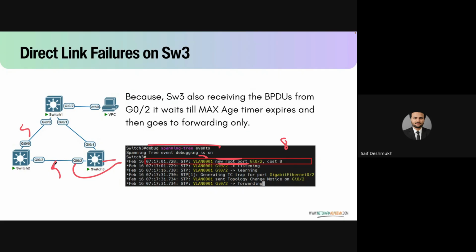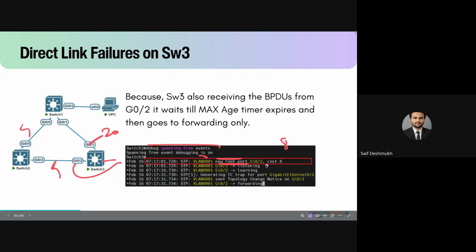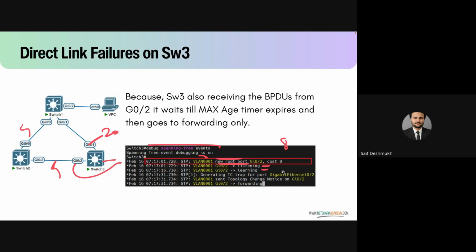Not immediately, but we have to wait until 20 seconds to confirm, because that's the max age timer. Then we will change the state to listening and learning. And on 0/2, we sent the topology change. It is telling us it is generating a topology change trap for port gigabit 0/2.